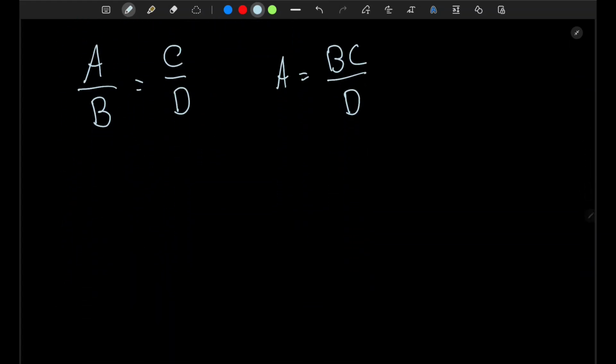And so let's say you wanted to solve for c here, or same thing, you would just take this d then and push it up across the equal sign and solve for c.